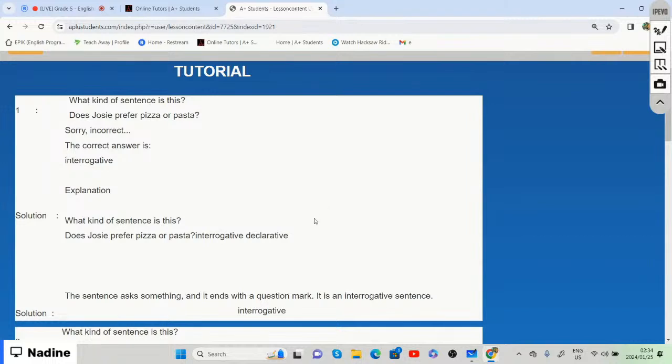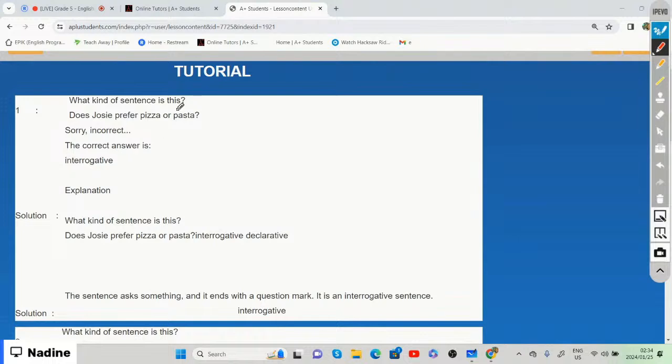So does Josie prefer pizza or pasta? This is the interrogative sentence, right? Because with an interrogative sentence, it ends with a question mark because it asks a question.